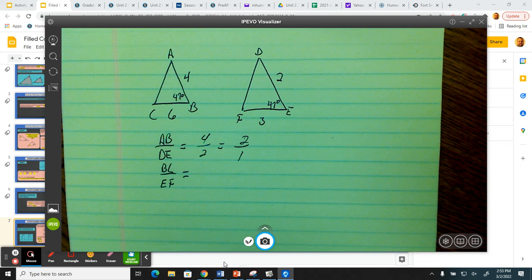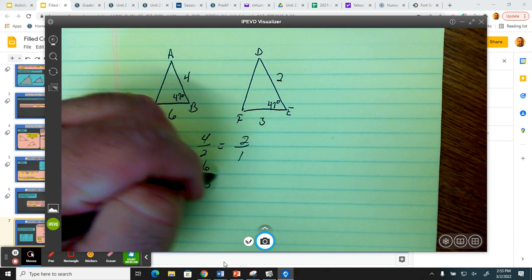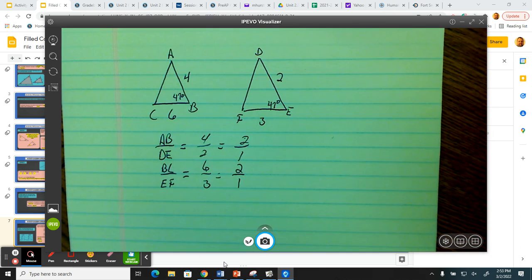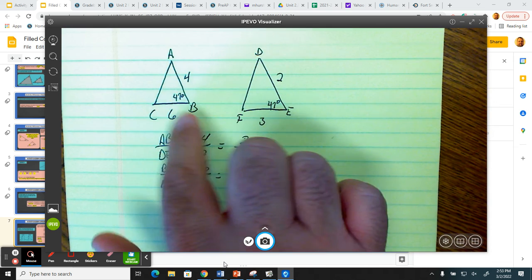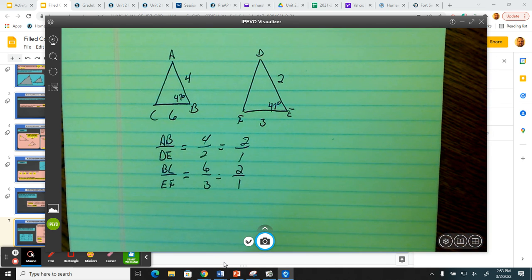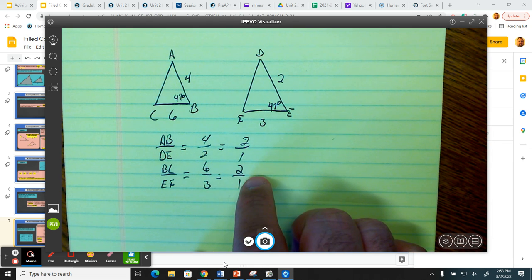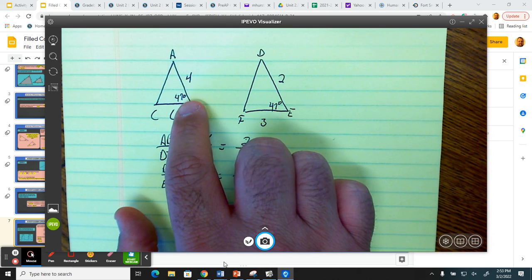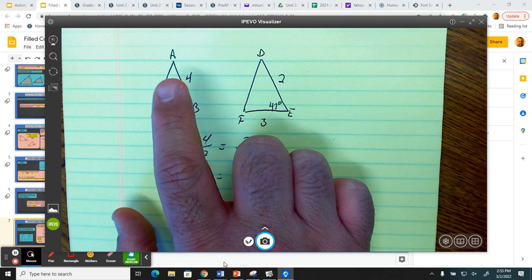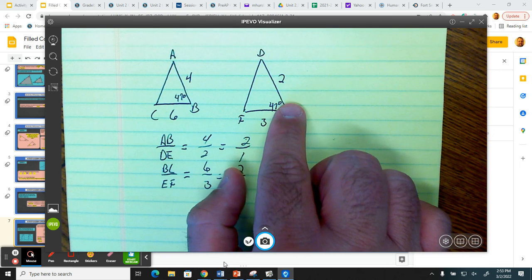What is BC over EF? 6 over 3 or 2 over 1. So the question is, are these corresponding sides proportional? Are these numbers the same? Yes. Is the angle between, or what they say included, the same?